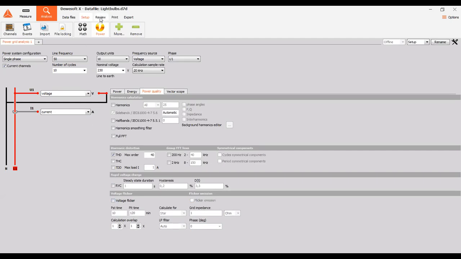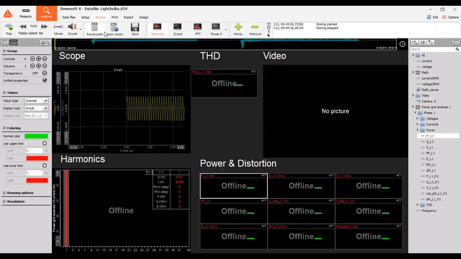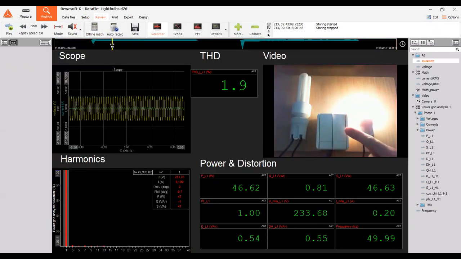So if we talk about power, we can say, why do we need our power module? We can also say, just calculate voltage times current, which I've done in our math module, and then compare these results. We have here now a demonstration with video also. On the right-hand side, we have the standard light bulb, and on the left-hand side, we have the energy-saving bulb.